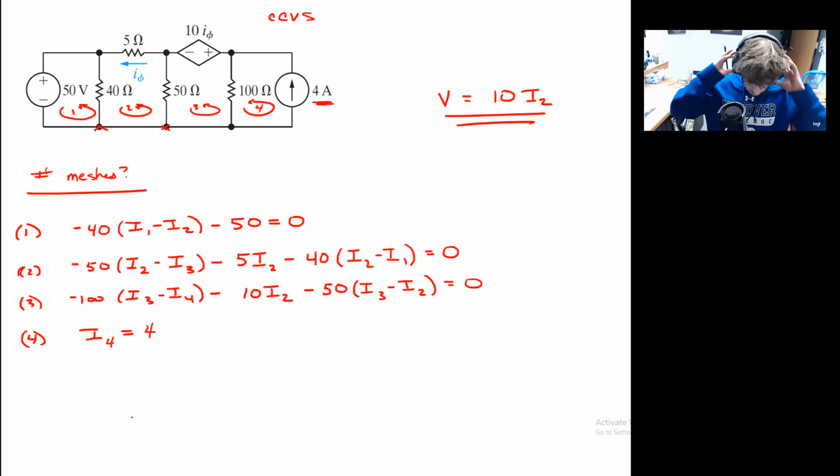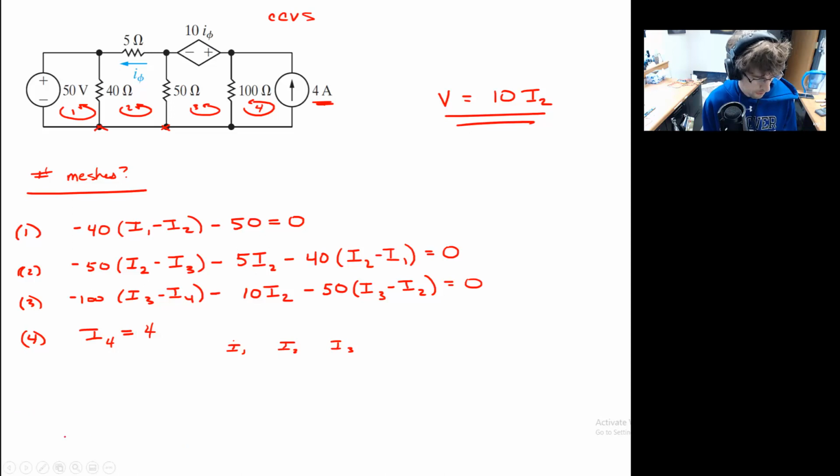So go ahead. We hook up our 4x4 matrix. Here we go. I'll write down the augmented matrix. I'll use the first column for I1, the second column for I2, the third column for I3. I have something like negative 40 plus 40 and 0 gives us 50.